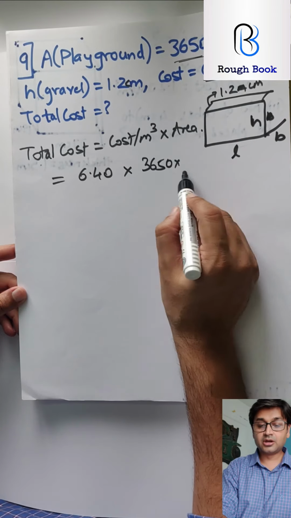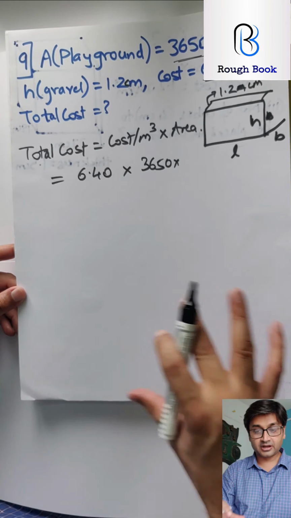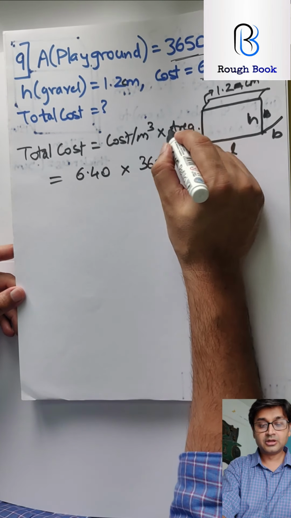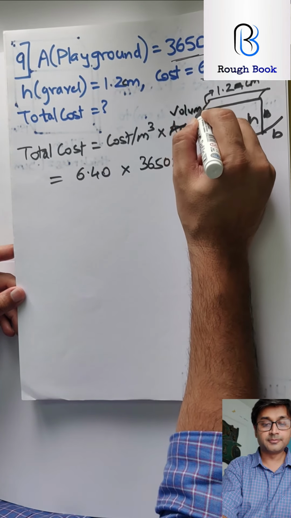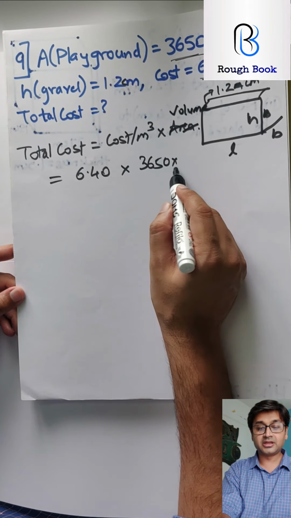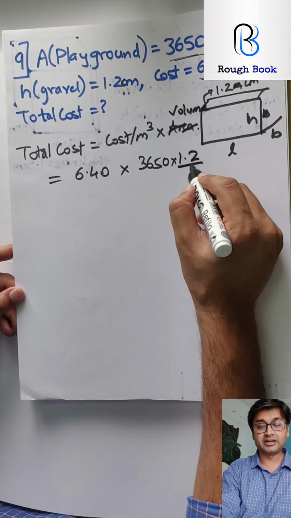So the volume required is length into breadth into height. So we are trying to find out the volume that is required. So length into breadth into height, which is 1.2 centimeters.